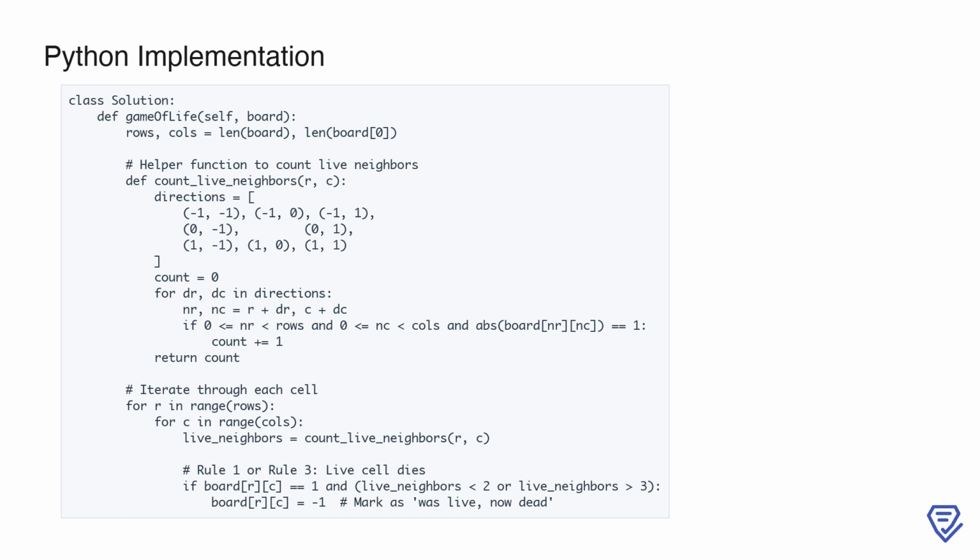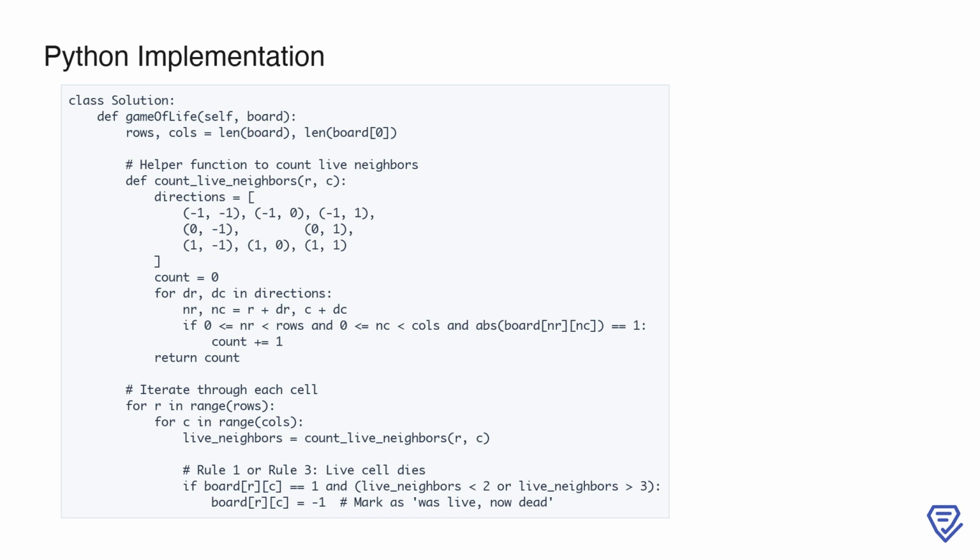Here, we start by defining the game of life function within a class called Solution. The function takes the board as input, which represents the current state of the grid. To begin, we calculate the number of rows and columns in the board. Then, there's a nested helper function called count_live_neighbors, which calculates the number of live neighbors for a given cell.